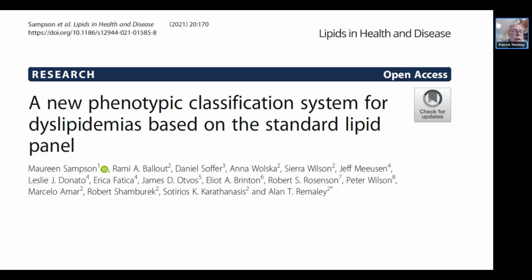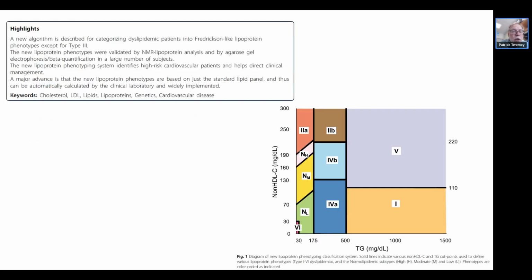So, as well as the change, there are 2 publications I want to highlight. This is the Sampson and Remaley group, the same group that came up with the Sampson equation, and they have their phenotypical classification. It's quite easy and pragmatic to use, and I like using it.